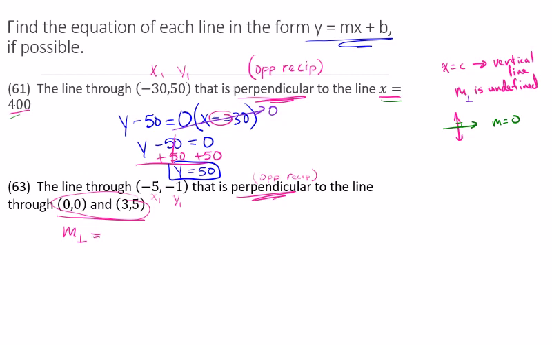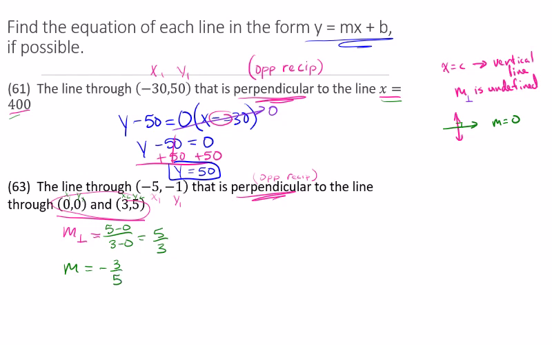In the slope formula, we'll think of this as x1, y1, x2, y2. So it'll be 5 minus 0 over 3 minus 0, so 5/3. That's the perpendicular slope. So our slope is going to be negative 3/5.